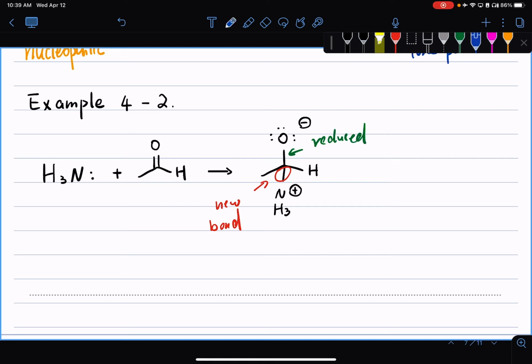And then we have a new lone pair on the oxygen. Naturally, if you look back at our arrow pushing, we start from the lone pair attacking the more electrophilic carbonyl carbon, and the double bond goes to the oxygen. In this case, the carbon is more electropositive, the oxygen is more electronegative.